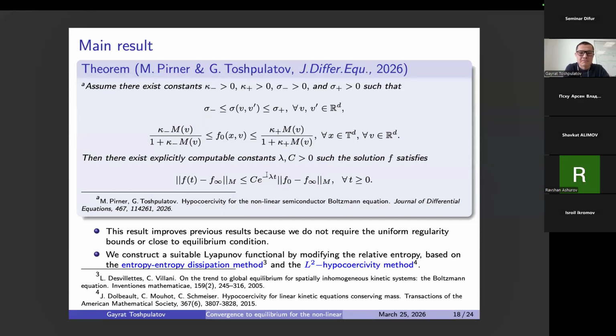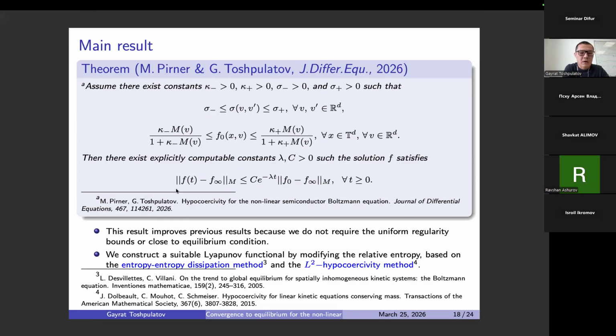It doesn't matter. But exponentially, it tends to the F infinity solution. This was recently published in the Journal of Differential Equations. And this result, as I told you, improves the previous results.